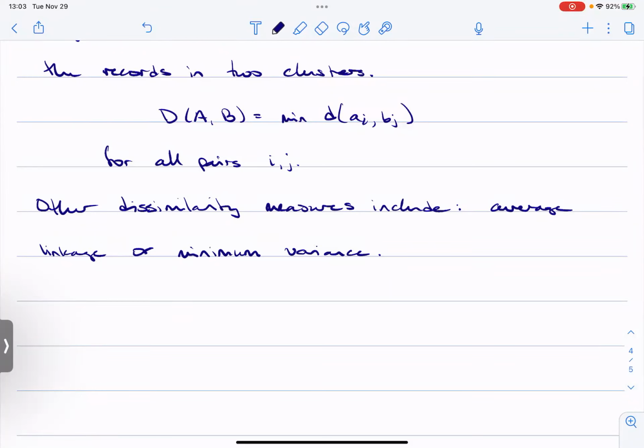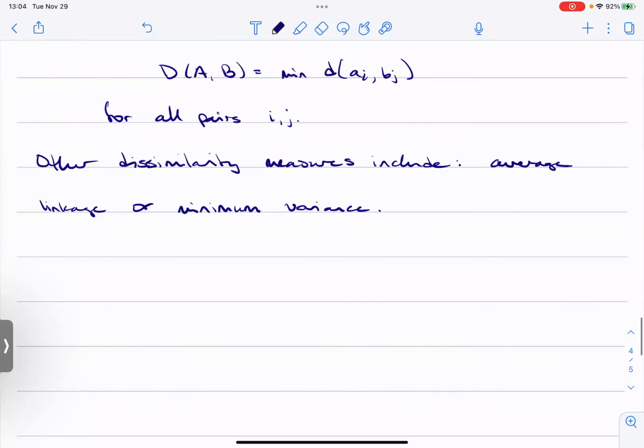Depending on how you measure dissimilarity, you're likely going to get very different clusters. So sometimes it's beneficial to play around with the different linkages and see if you're picking up on these outliers, for example, just like in k-means clustering, then you might want to reconsider and maybe do something else.